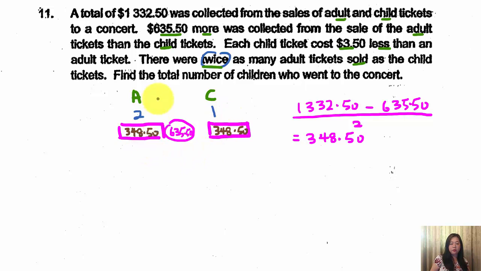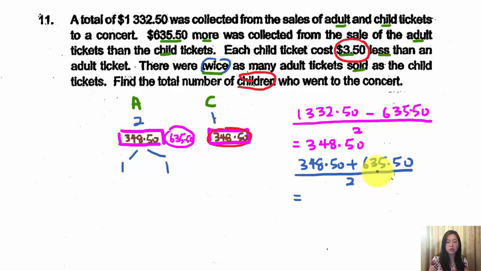So to be able to find out how much is for each set of adult tickets here, we have to use $348.50 plus $635.50 and divide it by 2, which is equal to 492.